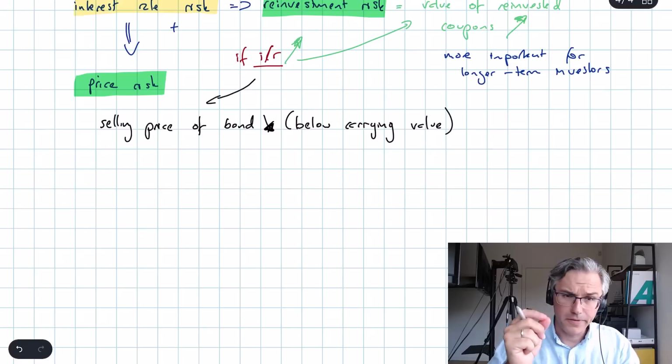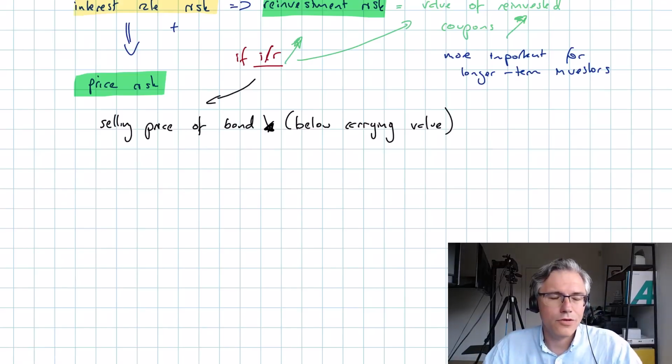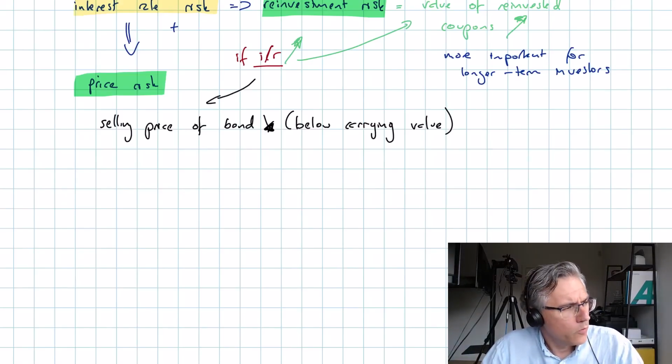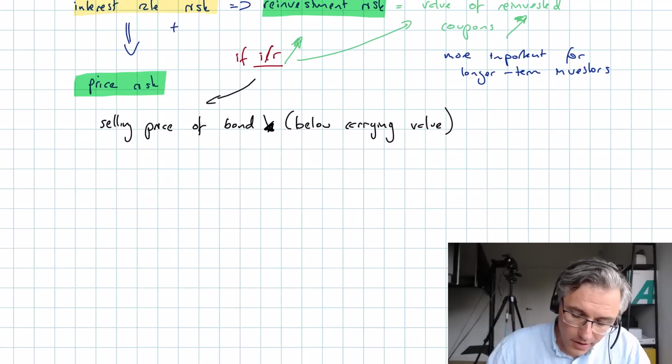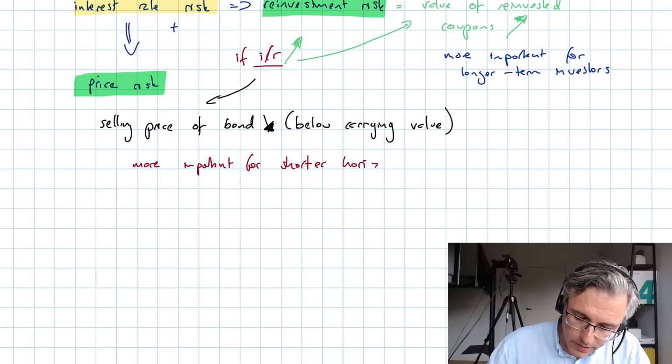Whereas if you're just dipping into bonds, buying them for a short period of time, there is not really going to be much of an opportunity to make money from a coupon reinvestment. You're going to be more focused on the price risk element, so more important for, let's say, shorter horizon bond investors.